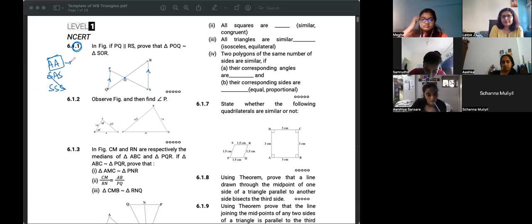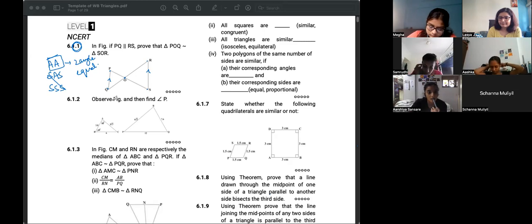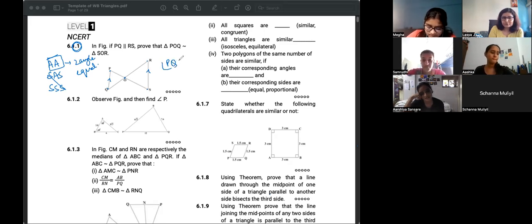In this we need to prove any 2 angles are equal. Do you see any equal angles here? Which angles? Angle POQ will be equal to angle SOR.